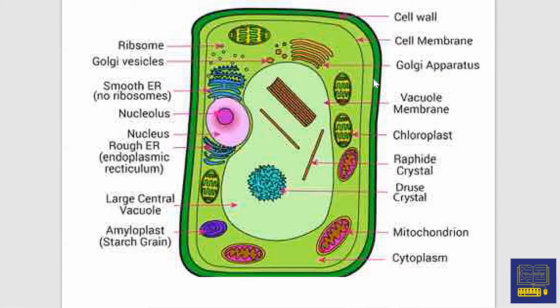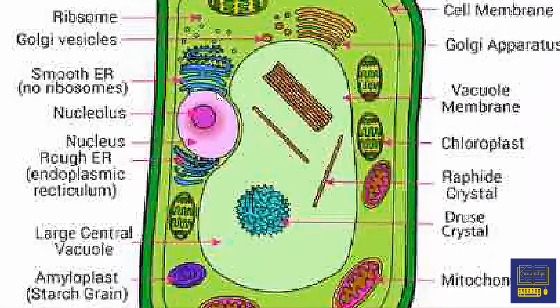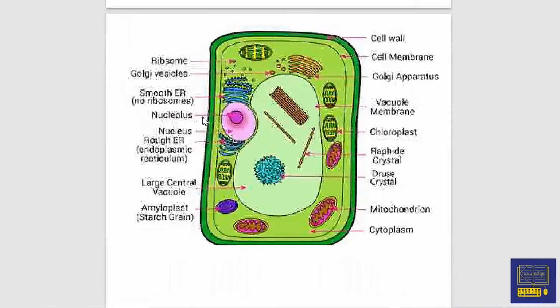Now let's talk about the nucleus. Here you can see this pink thing is called the nucleus. The nucleus is a membrane-bound structure that is present in a eukaryotic cell.